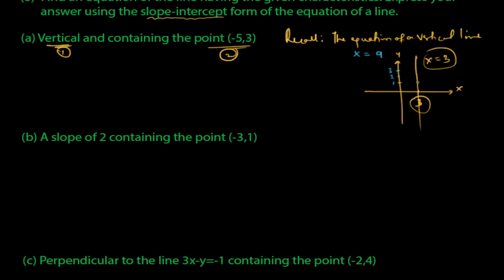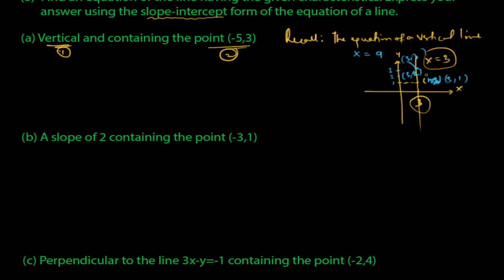For example, looking at this point here, this is point (3, 1). Sorry, this should be (3, 1). That is, the x coordinate is 3, the y coordinate is 1, and looking at this point here, this is (3, 2), and similarly this point here is (3, 3).